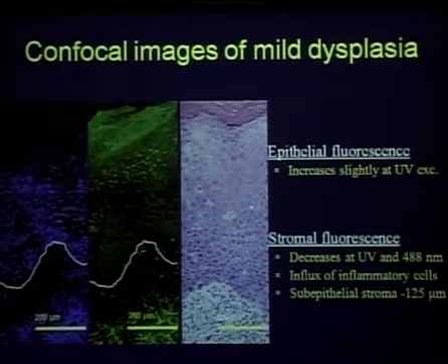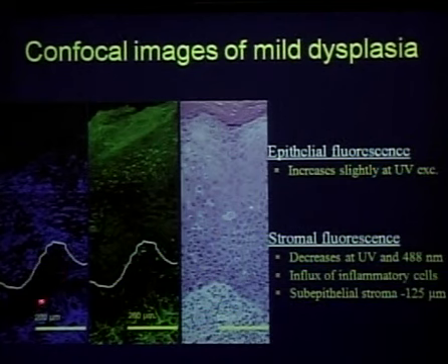In contrast, with mild dysplasia, what we see is an increase in the amount of UV fluorescence in the epithelium and a decrease in the stromal fluorescence, both at UV and at 488 nanometer excitation. And remember, we're interested in being able to tell apart the severe dysplasia from the normal and the inflammation.